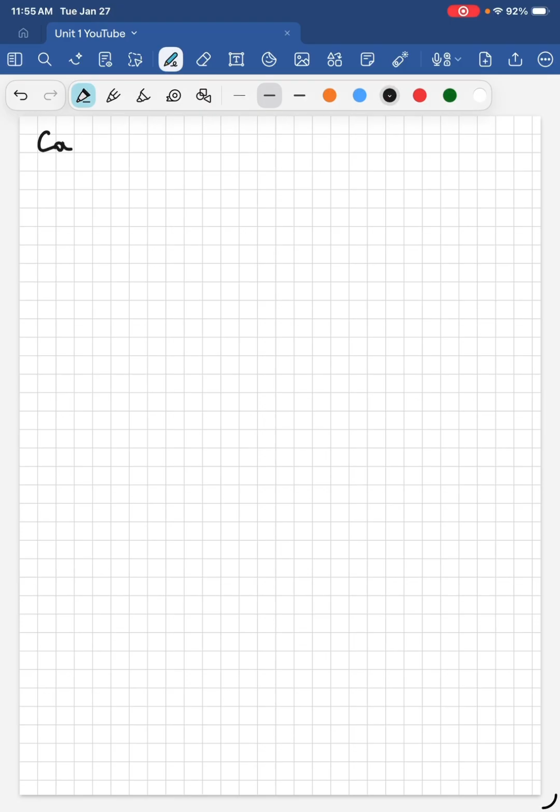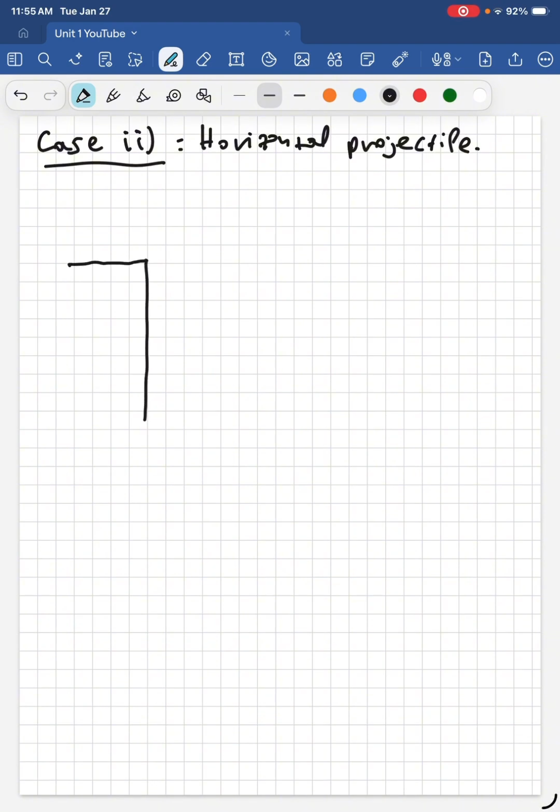Let's call it case 2: horizontal projectile. So this looks like this. Let's say that we have a floor or maybe a cliff.